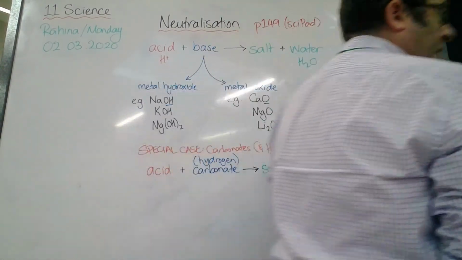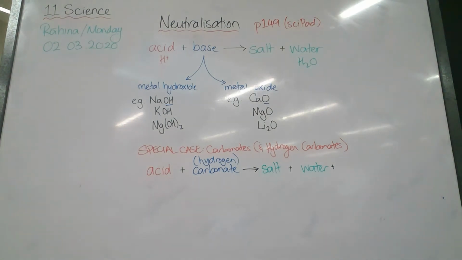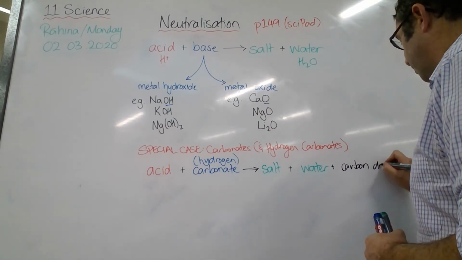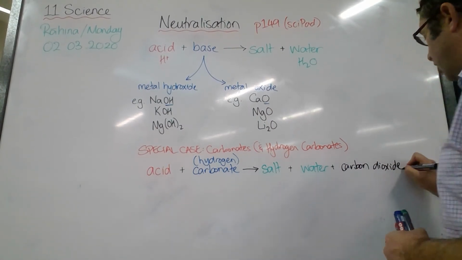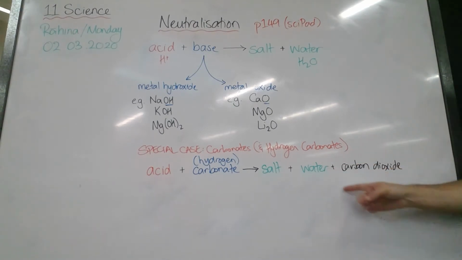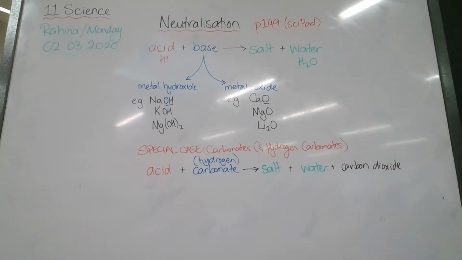But we also get something bubbling off. So you'll see these ones bubble. And what they're making is carbon dioxide. So it's got an extra product being made. It's still a neutralization. The only difference is this carbon dioxide being given off.